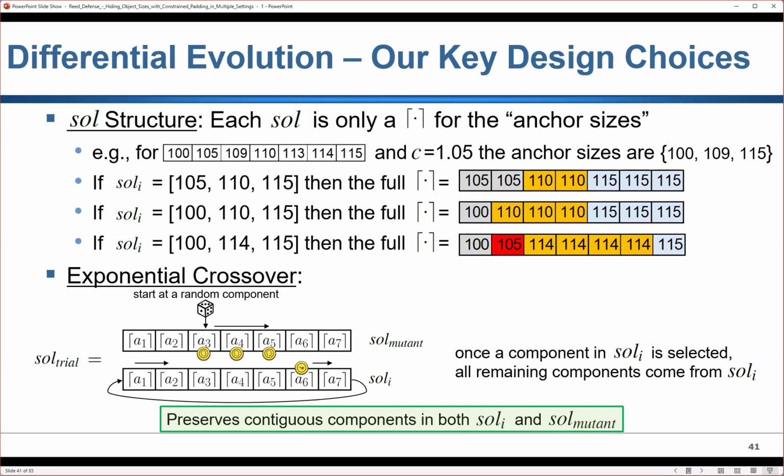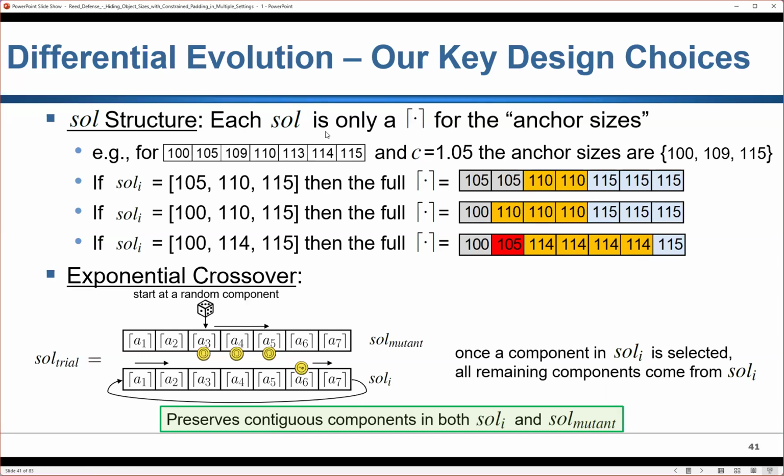So we reduced the dimensionality by making it so that every candidate solution is not a padding scheme for every single object on the data store. It's only a padding scheme for what we refer to as the anchor sizes.